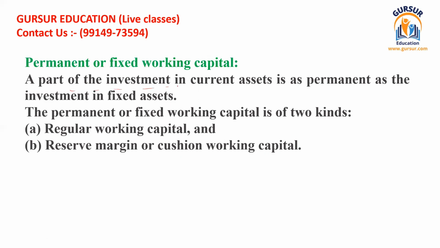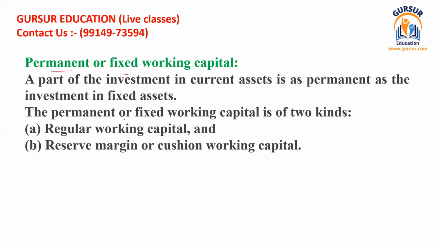A part of investment in current assets is permanent, as is the investment in fixed assets. Some money which you have received from your investors is always blocked. This is always available for working capital, and you do not try to pull out the funds from these. So this is known as your permanent or fixed working capital.